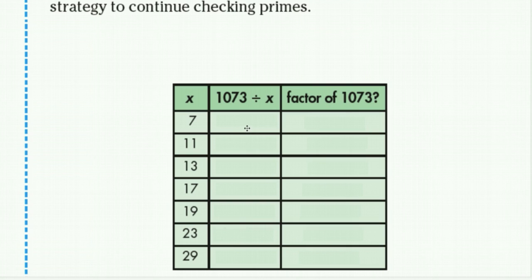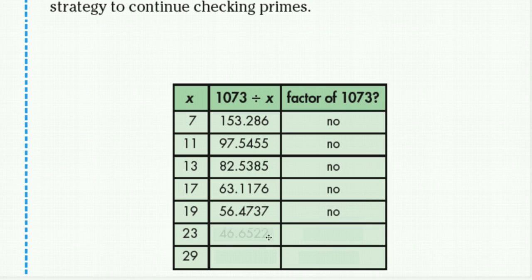If x equals 7, we know it will not be a factor of 1073 because it will contain decimals. It's the same thing with 11. And we go down the line. 13 would also be a no, decimals. 17 also a no, decimals. 19 a no, again decimals. 23 a no, decimals.